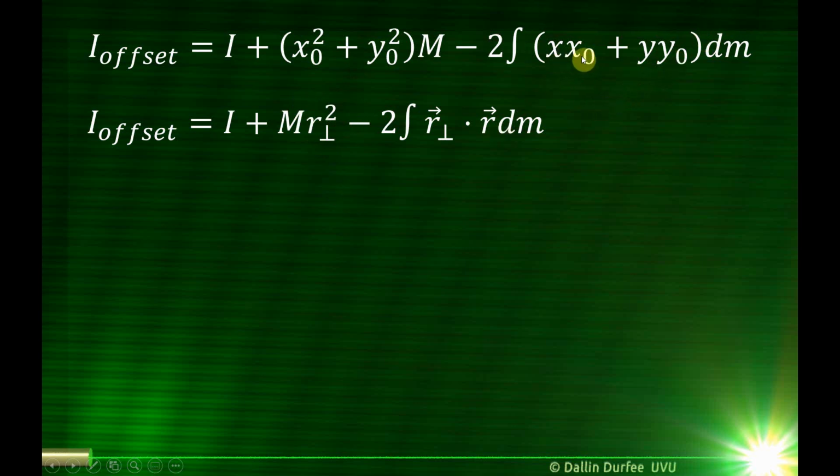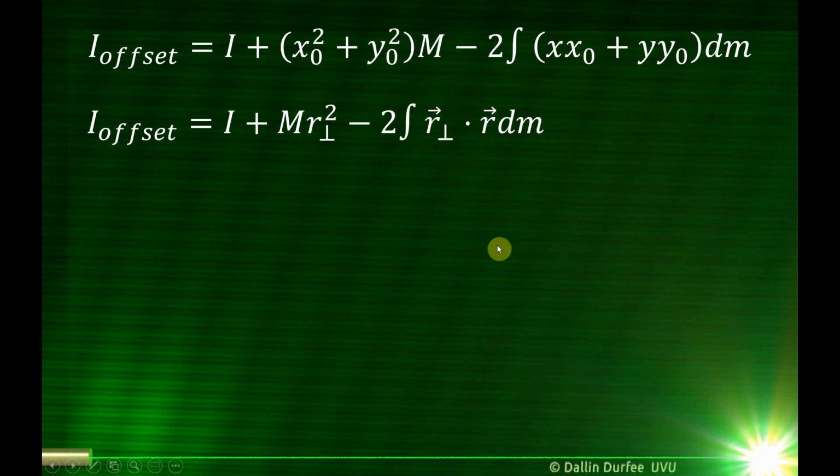And notice this right here, x naught plus y naught, that's what we would get if we took the position of each mass and dotted it with that perpendicular distance, x naught in the i hat direction plus y naught in the j hat direction, right? Now, if r has a z component, it doesn't matter because r perpendicular does not have a z component. So when we do the dot product, the z component of r is multiplied by 0 and it goes away.